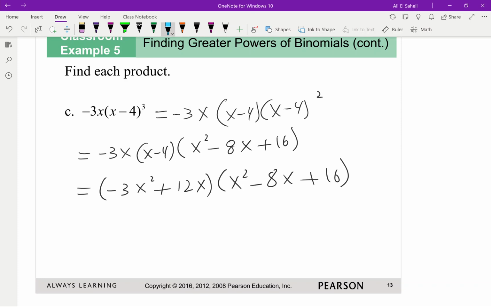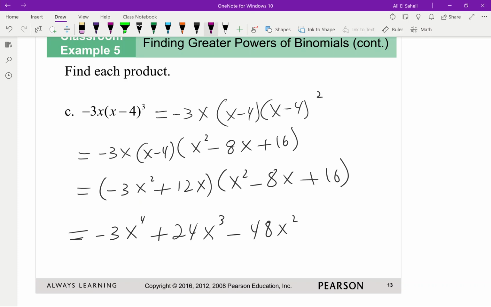Alright, let's do each one separately. Minus 3x squared times x squared is minus 3x to the 4. Minus 3x squared times minus 8x, so that's plus 3 times 8 is 24, x squared times x is x cubed. Times this, so that's minus 3 times 16 is 48, 48x squared.